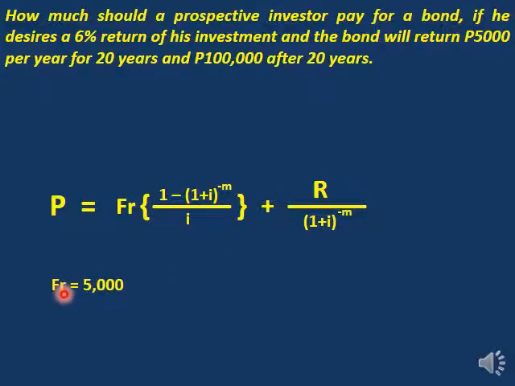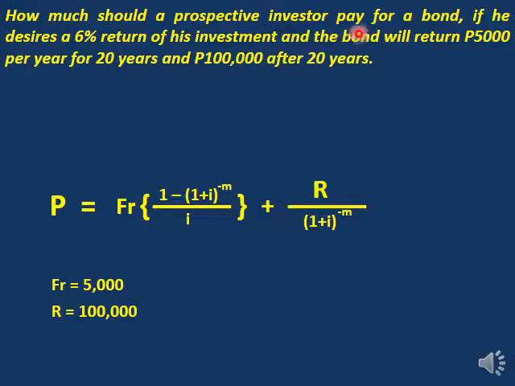The FR, although the problem did not indicate the rate of the bond, it states that the bond will return 5,000 per year. This indeed is the FR. And the redemption price is stated here, which is different from the face value of the bond, 100,000 pesos.